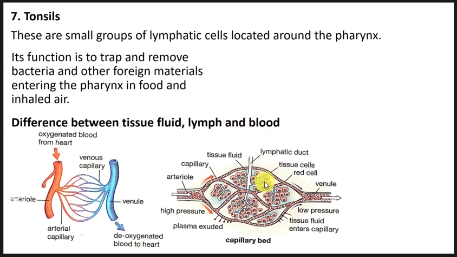The reason being that the lymphatic capillaries have a little bit bigger walls to allow the white blood cells and the dissolved nutrients such as glucose, fatty acids, and other things to go through them.